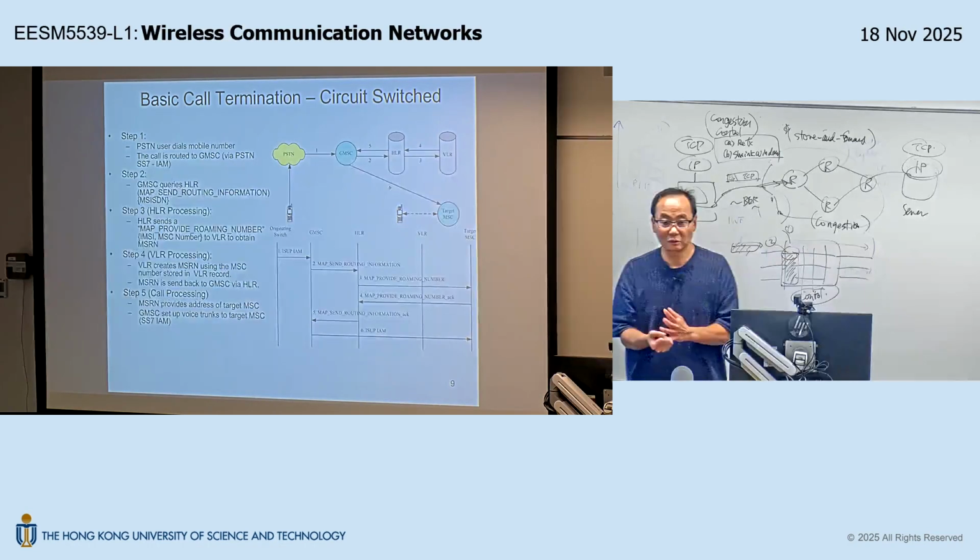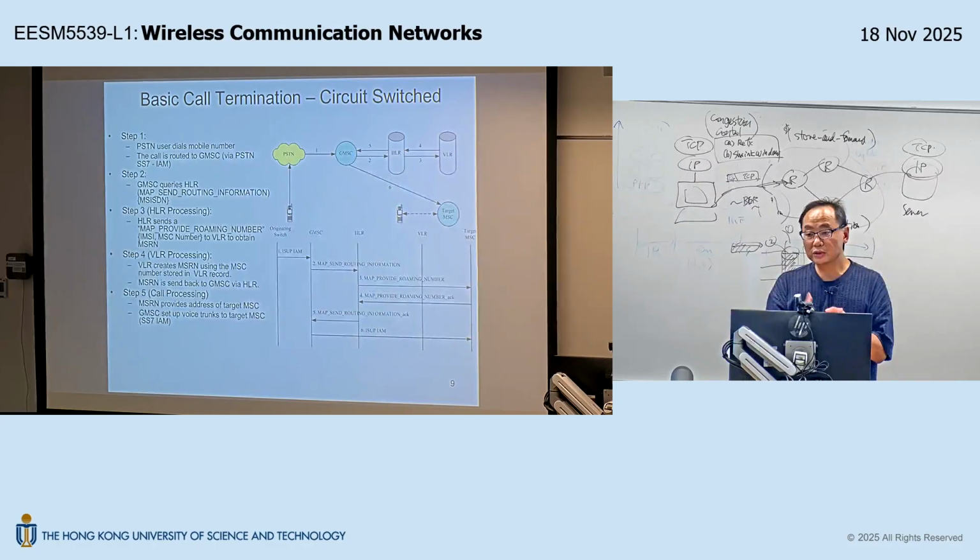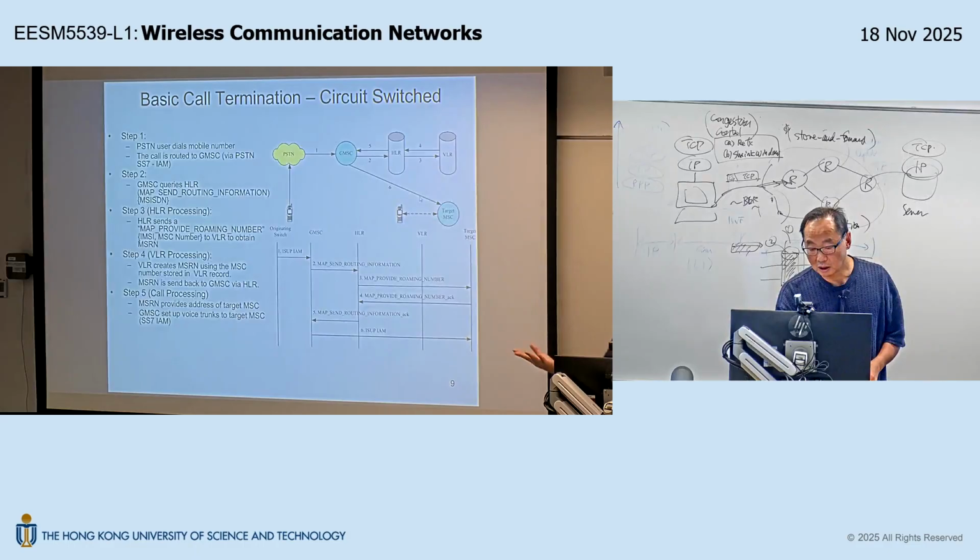Same here. If the infrastructure does not know your location, in order to support this incoming call, the infrastructure needs to trigger every single base station. And we are talking about 10,000 base stations in a typical small network in Hong Kong. You need to trigger these 10,000 base stations to send a paging channel message to look for this particular mobile, 1, 2, 3, 4, 5, 6, 7, 8.